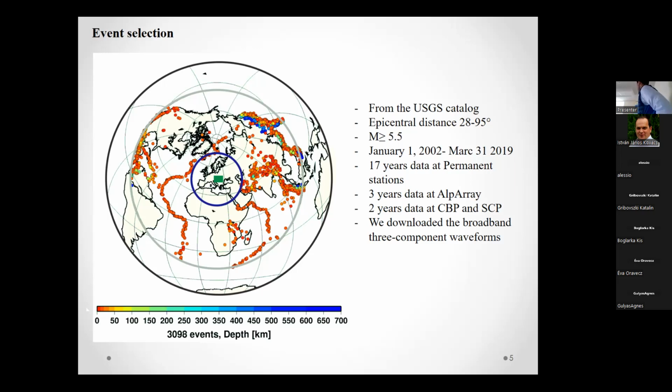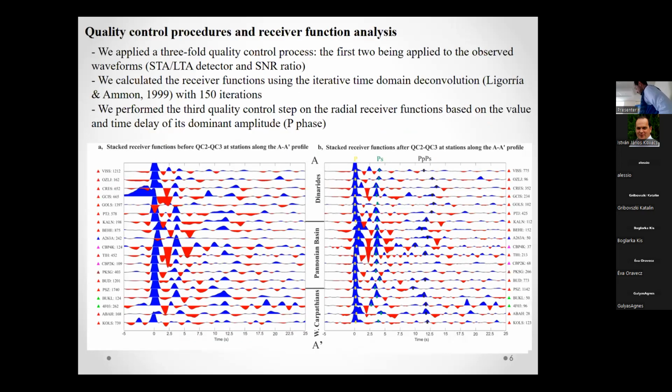We downloaded broadband 3-component waveforms of these events. We downloaded more than 500,000 waveforms for the analysis. So we have a very big data set. Therefore, we use 3 independent quality control processes. The first 2 quality control steps were applied to the raw Z and E waveforms. The first quality control was the STA/LTA detector, and the second was the complex signal to noise ratio investigation.